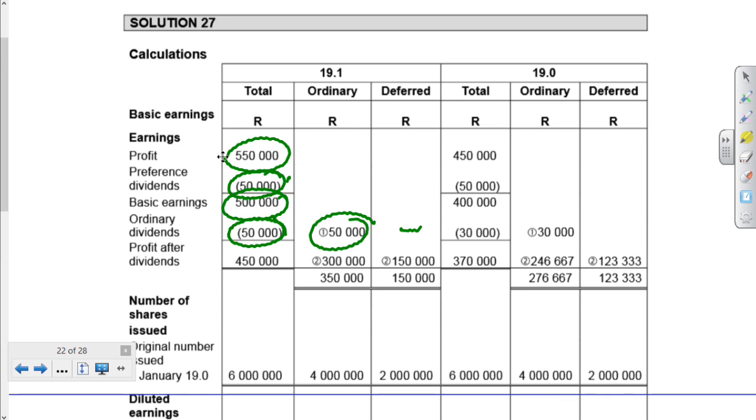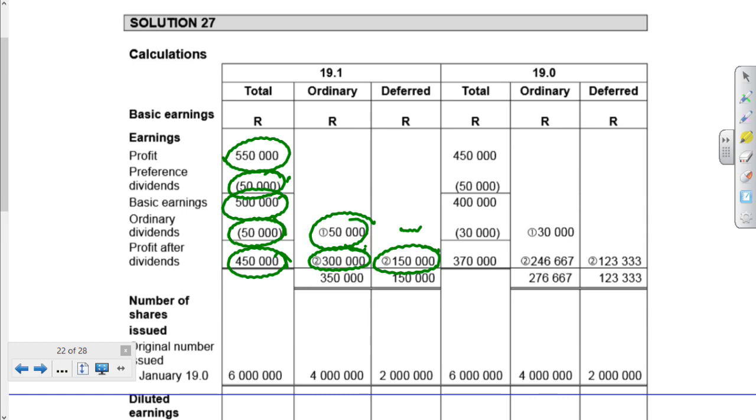And then what's left will be shared in proportion to the number of shares. If you look at the number of shares, it was 4 million, 2 million. Do you remember? So they get double what they get.